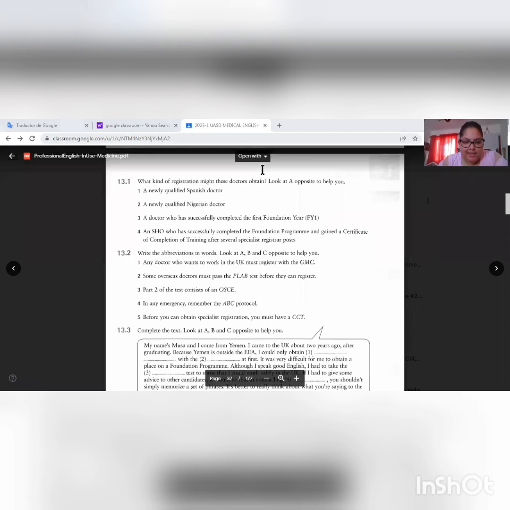Unit 13, the Overseas Doctor. 13.1. What kind of registration might this doctor obtain? Look at A opposite to help you. 1. A newly qualified Spanish doctor: limited registration. A newly qualified Nigerian doctor: limited registration.